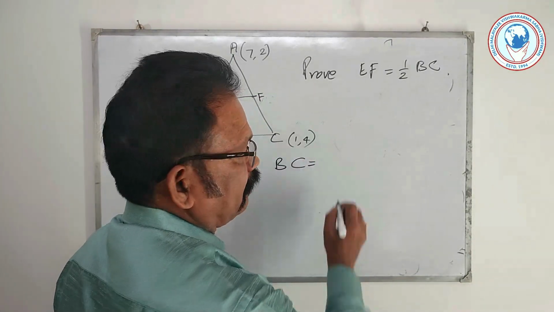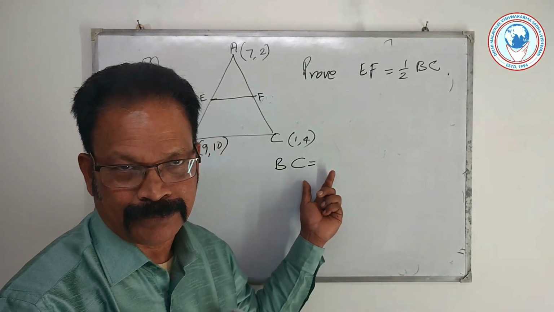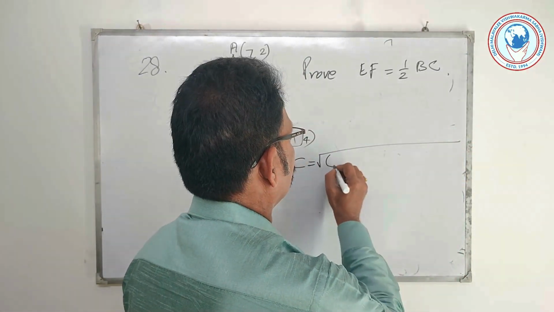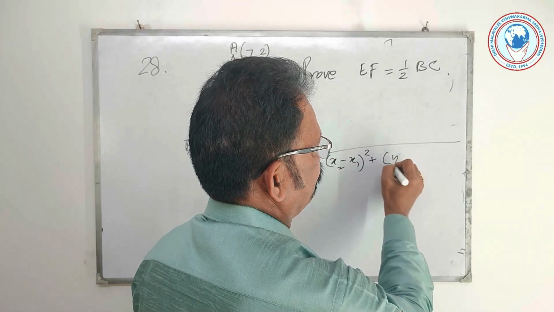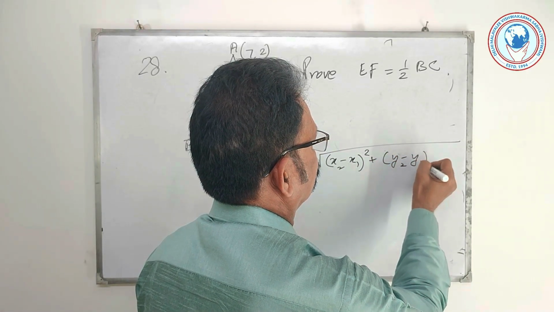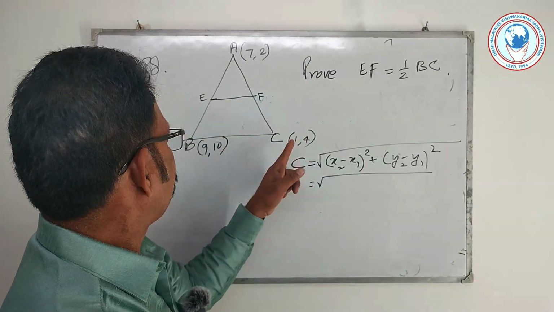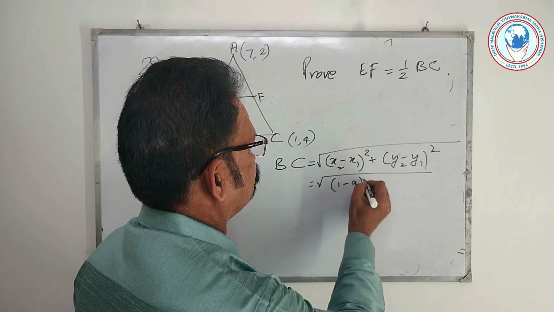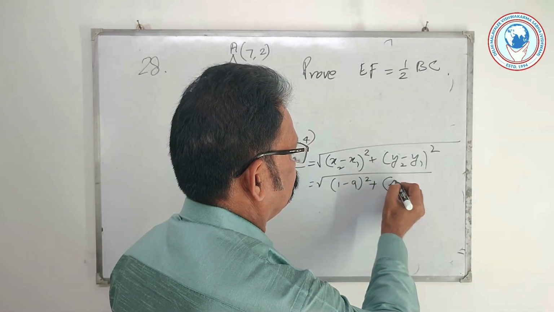Now, if x1, y1 and x2, y2 are the 2 points, then the distance between them is given by root of x2 minus x1 the whole square plus y2 minus y1 the whole square. That is BC: 1 minus 9 the whole square plus 4 minus 10 the whole square.